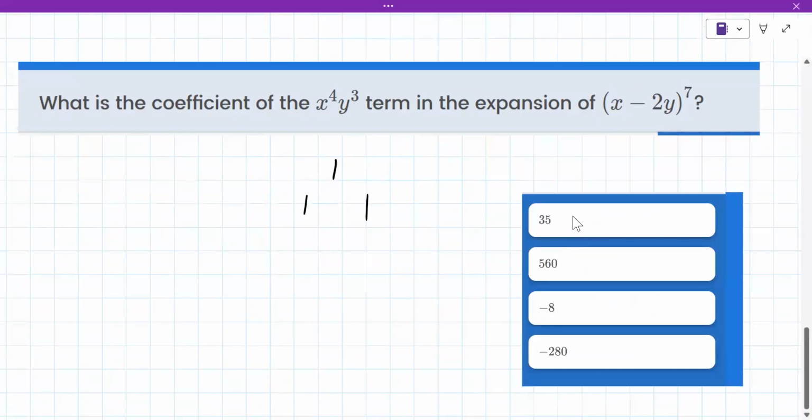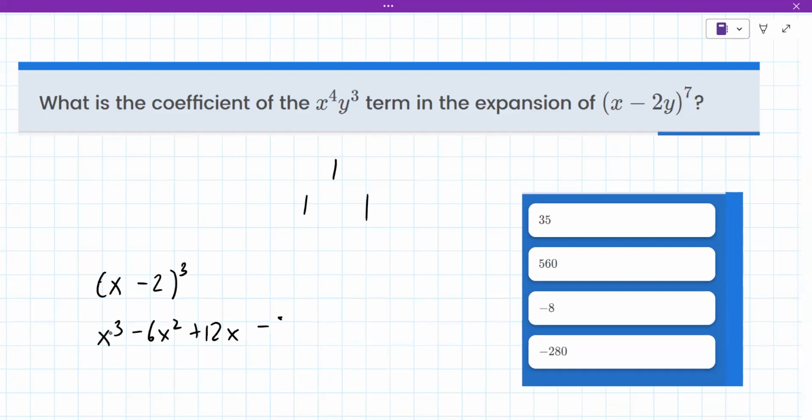So one thing I'm going to show you here is, let's just say it was x minus 2 cubed. I'm going to write the answer here. There are a lot of calculators available that can do this, but let me write this down because I want you to see there's a pattern here. The pattern is this: x cubed minus 6x squared plus 12x minus 8.